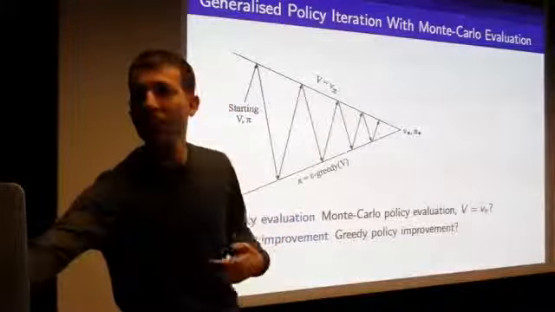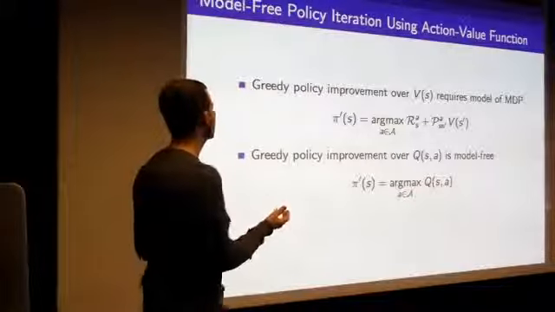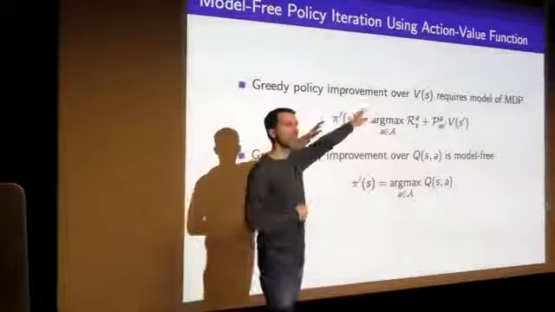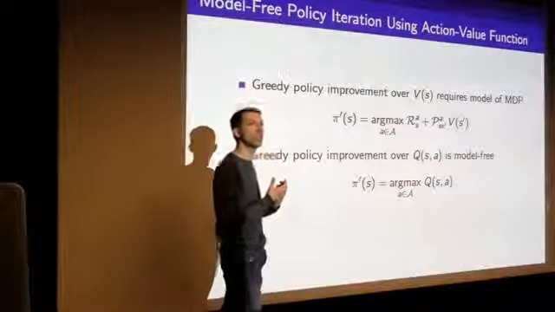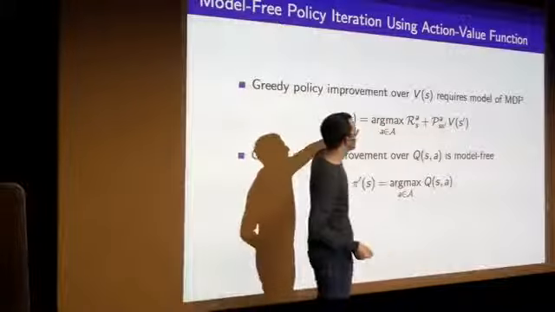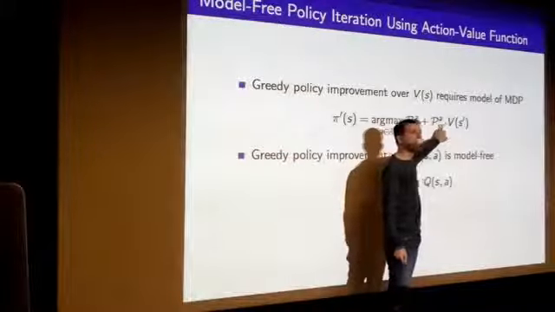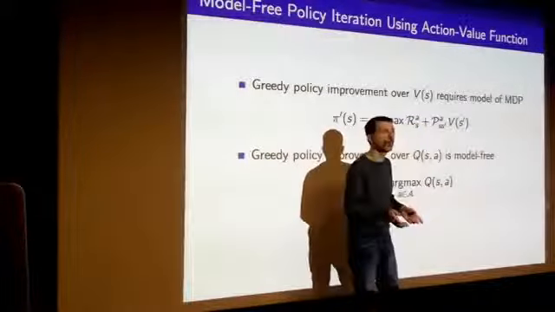The issue is that we're trying to be model-free. But how can you be model-free when you're using the value function V? If you only have the state value function, and you want to act greedily with respect to it, you still need a model of the MDP to figure out how to do that. You only know the value of each state.